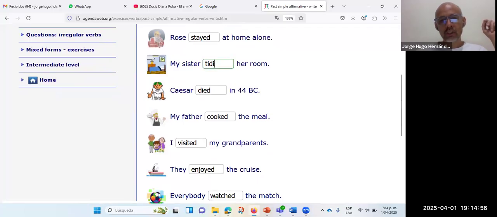Now, we have some verbs which finish in Y. When the verb finishes in Y and before it there is a consonant, here is the key: you have to change Y for I and add ED, okay?